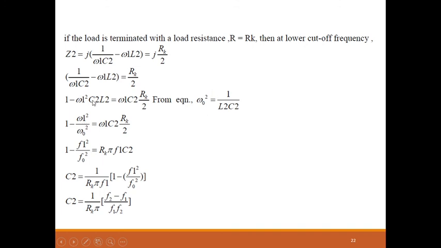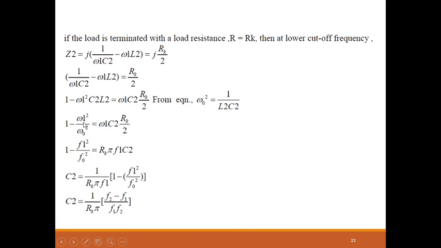So we are replacing 1 divided by L2 C2 with omega naught square. So 1 minus omega 1 square divided by omega naught square should be equal to omega 1 C2 Rk by 2.